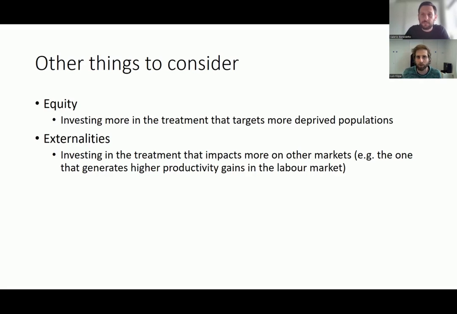Treating a specific type of people will make them work more, go to work, less days of sickness, and then it is going to increase more the market gains in the labor market. Then you could consider also going for the ones with bigger externalities.